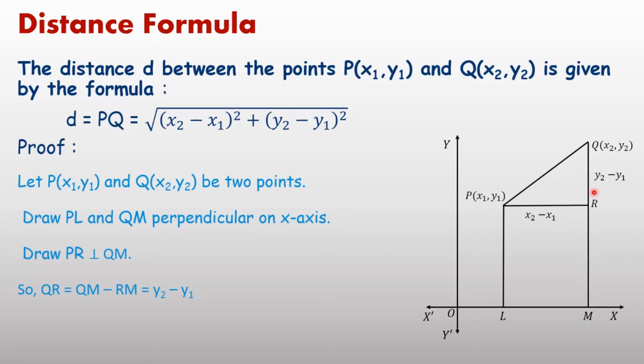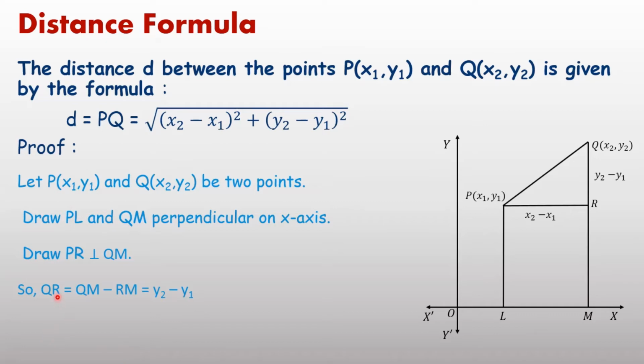Value of QM is y2. Similarly for point P, (x1, y1) given. x1 means distance of point from y-axis, means OL, and y1 represents distance of point from x-axis, that is PL, and which is also equal to RM.